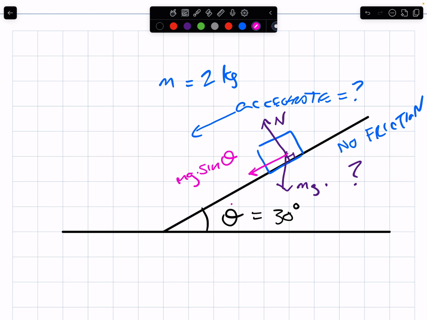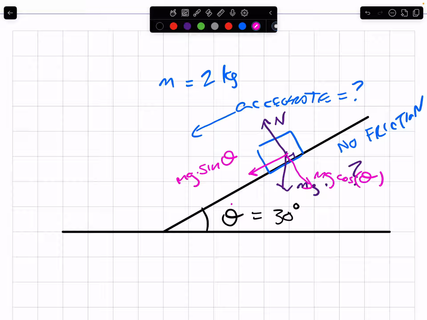So it's mg sine theta. Then there's another component of gravity acting perpendicular to the incline, opposite N, and that component is mg cosine theta.